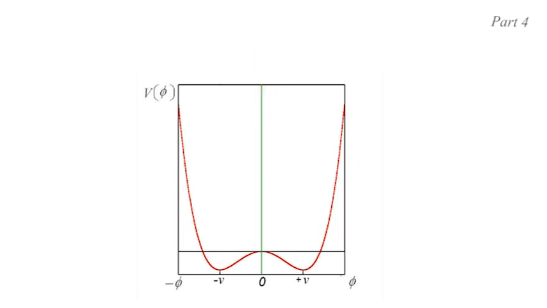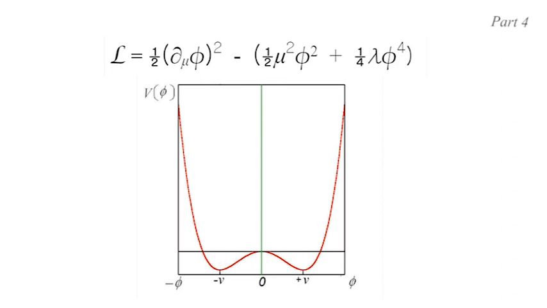Well, granted, as far as potential energy is concerned, that would be fine. Either side gives the same minimum of potential energy. But you have to ask the question, what about kinetic energy? Remember that the Lagrangian density is given by the kinetic term and minus the potential term.